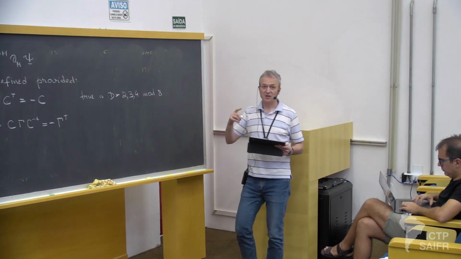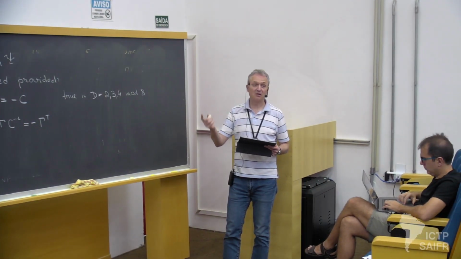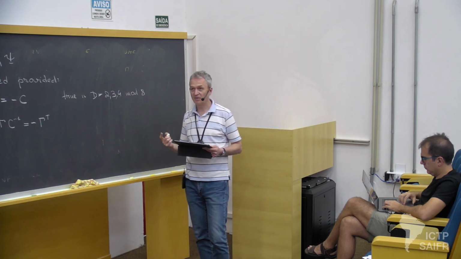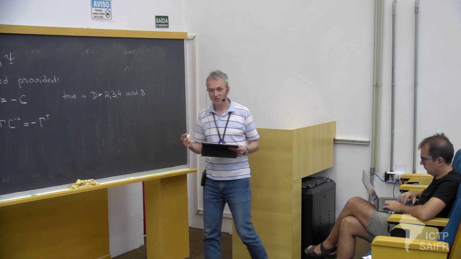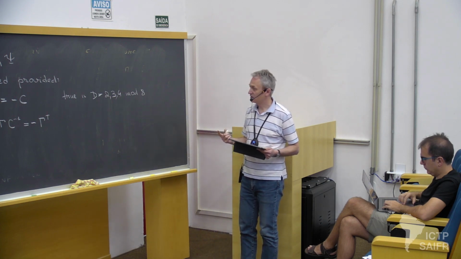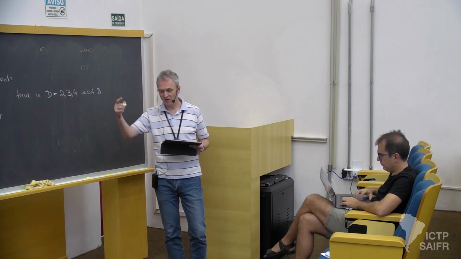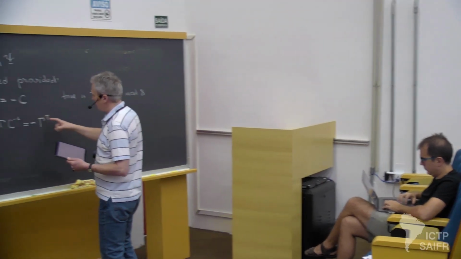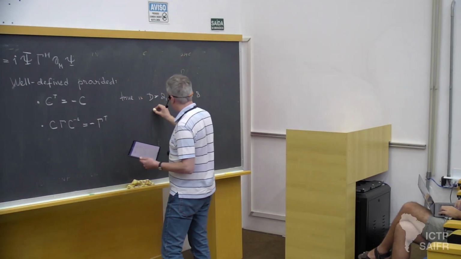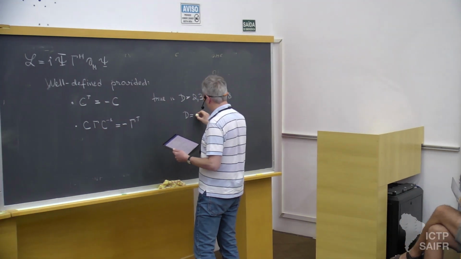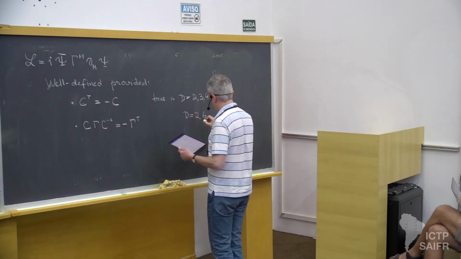In fact, the Dirac algebra carries a periodicity of dimension 8. So if you start with dimension 2, dimension 4, 5, 6, 7, 10, and then it repeats itself. So this condition is valid in dimension 2 and 6.